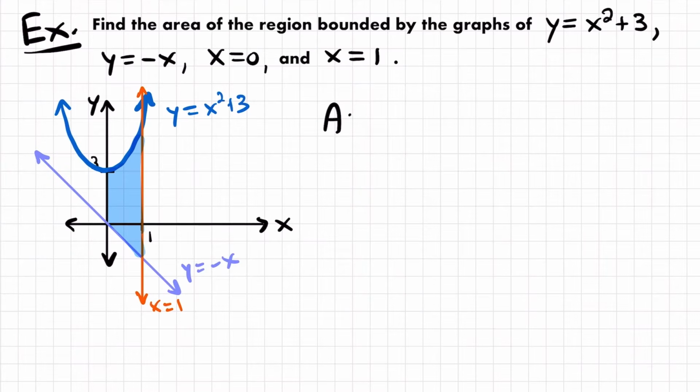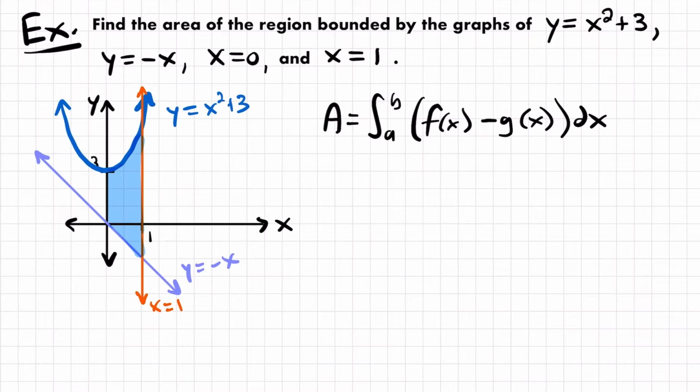We'll have that the area is equal to the integral from a to b of f of x minus g of x times dx. Now, before we can set this up, we need to determine which is the top function and which is the bottom function, right? Which is f of x and which is g of x.